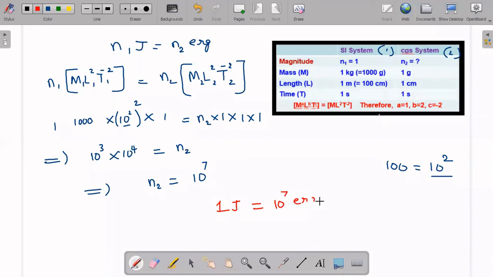Okay, so this is how we convert one system of units into another system of units by using the dimensional formula. Now we'll go back to one slide also.